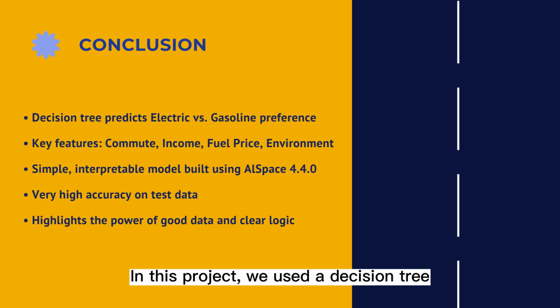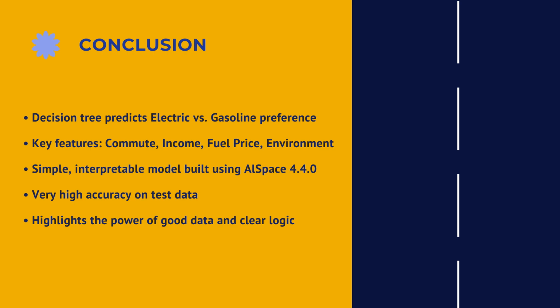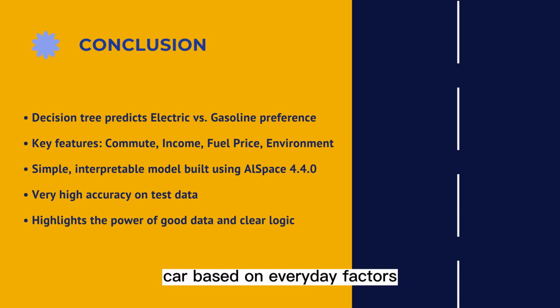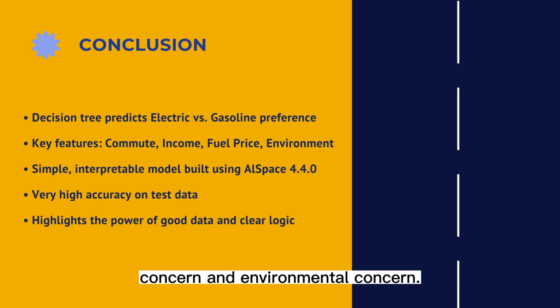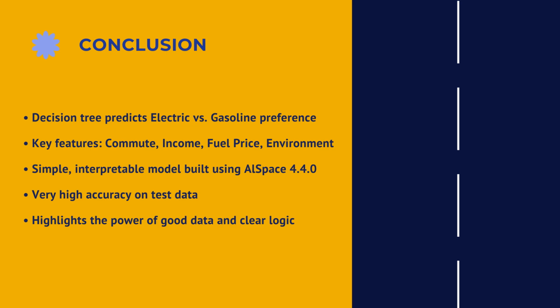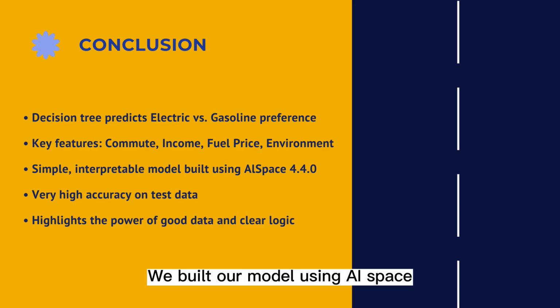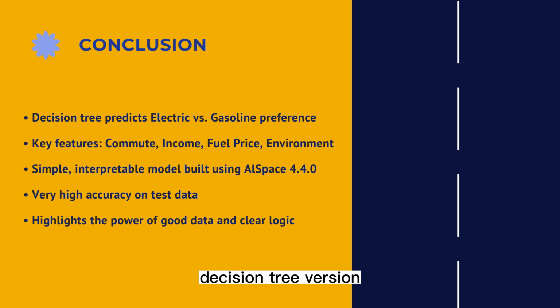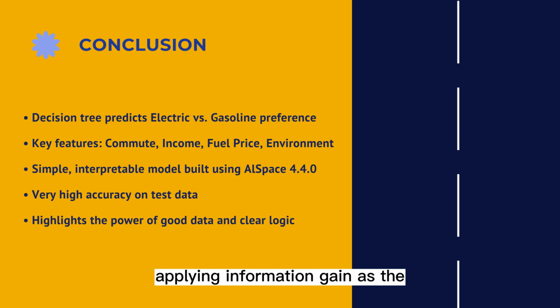In this project, we use a decision tree model to predict whether a person is more likely to choose an electric or gasoline car based on everyday factors such as commute distance, income level, fuel price concern, and environmental concern. We built our model using AISpace decision tree version 4.4.0 by applying information gain as the splitting method.